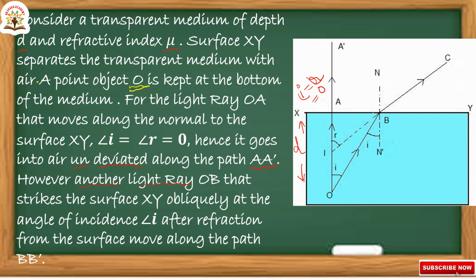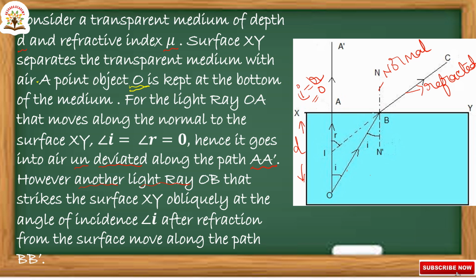The light ray OB is traveling from denser to rarer, so the refracted ray moves away from the normal. This is the normal, and whenever a light ray travels from a denser medium to a rarer medium, it moves away from the normal.